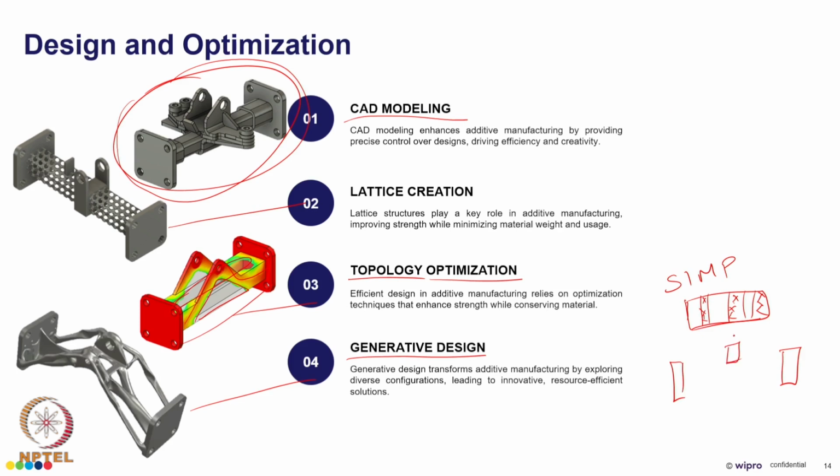If this is what my fixture is and this is what my loading condition is, based upon this requirement the software tool creates a model, that means it creates a geometry by itself. So, this is a major difference between topology optimization and generative design. Both give very innovative types of geometry. Still it needs to be implemented in most industries; only now have many aerospace industries started to implement these design features in their components.